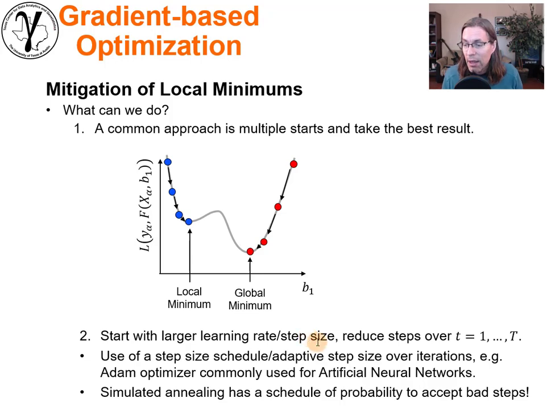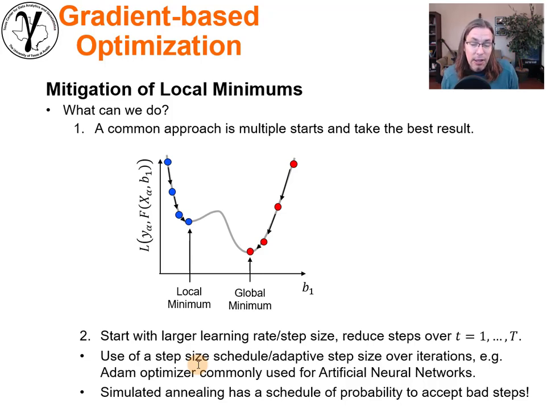That's the idea. Now there's a lot of other ideas around this. The Adam optimizer, commonly used in artificial neural nets, available in TensorFlow, has a step size that's adaptive over the iterations based on local window variations. And so we have an adaptive approach that tries to account for the local noise in the loss function. That's very cool.